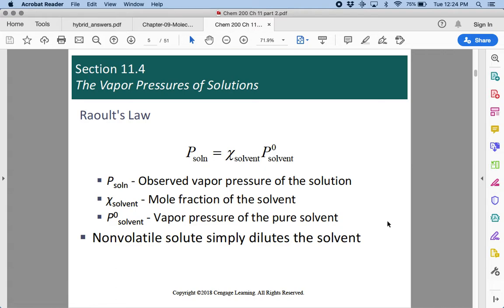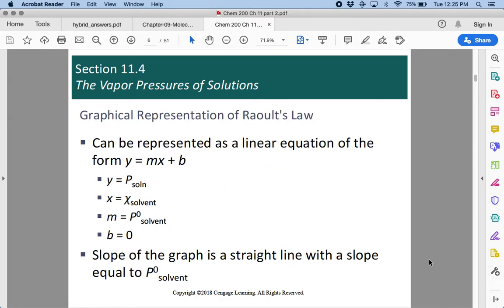Remember that when we have a pure solvent, like water, and then we have a solution, like salt water, the NaCl that is dissolved and dispersed throughout the water is going to have an effect on that. So non-volatile solutes simply dilute the solvent. We need to take that into account when we're talking about what kind of pressure we're going to have.